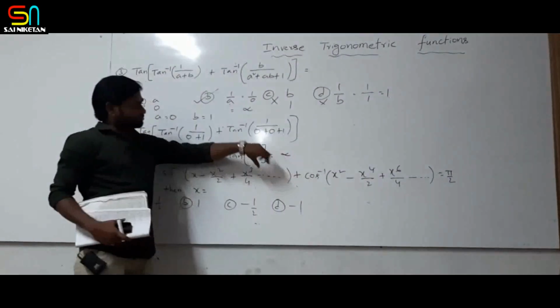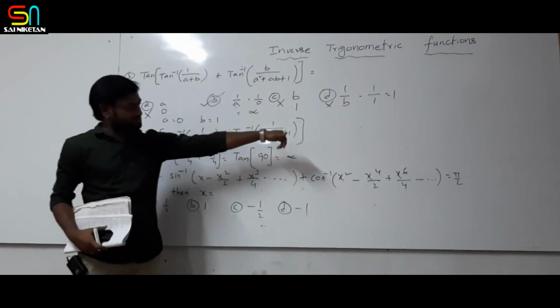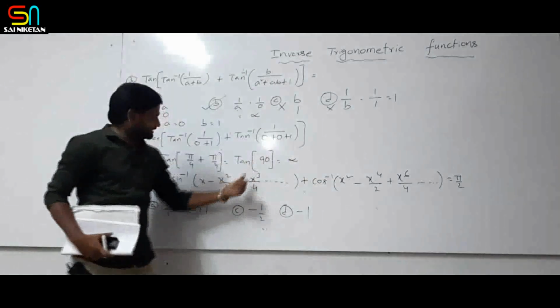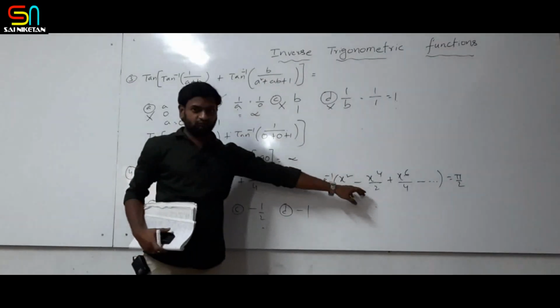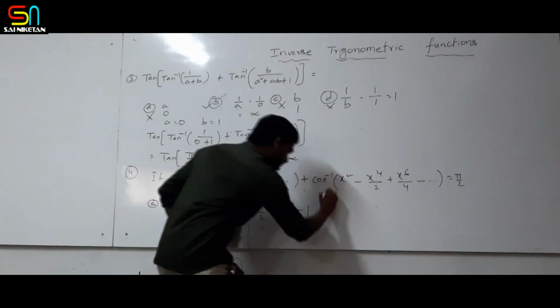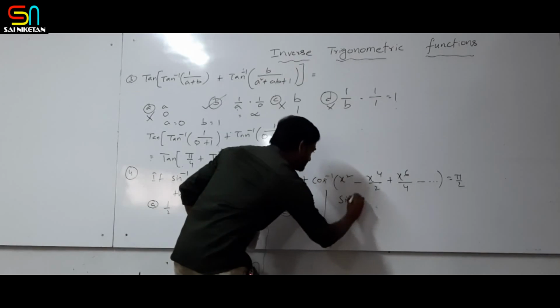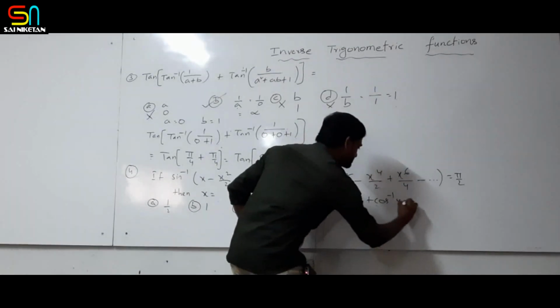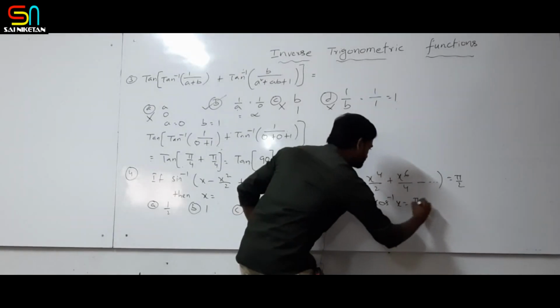When the sum of sin inverse x plus cos inverse x is pi by 2, both the values are the same, here x, here also x. Only when both the values are the same is it pi by 2. That is the formula: sin inverse x plus cos inverse x is equal to pi by 2.